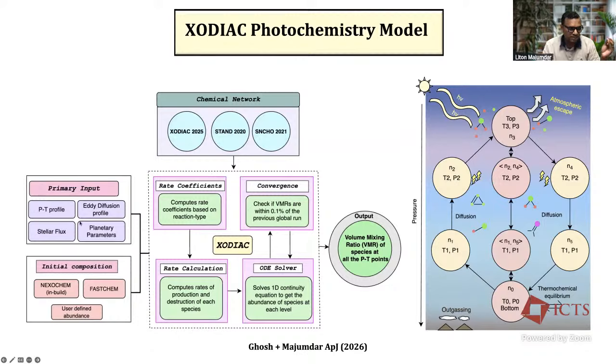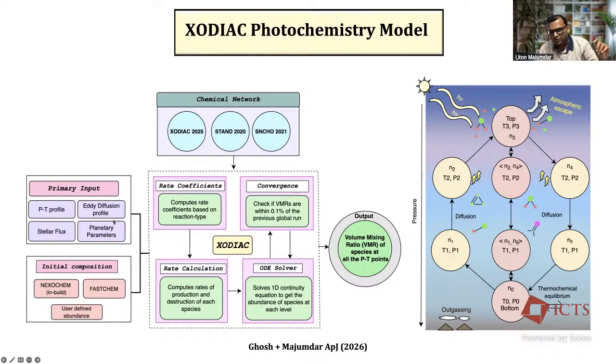So the initial composition is set by your equilibrium chemistry, then your PT profile sets what type of chemistry will be operating at each layer. Stellar flux decides how well your photochemistry will play a role in the top layer of the atmosphere.